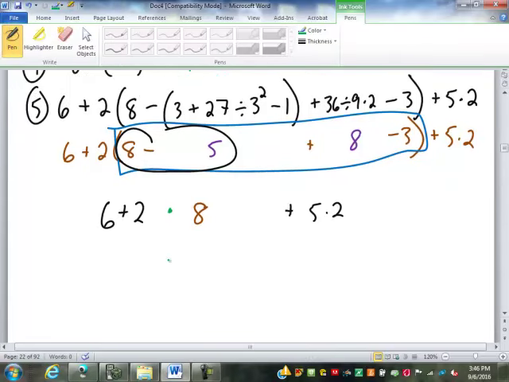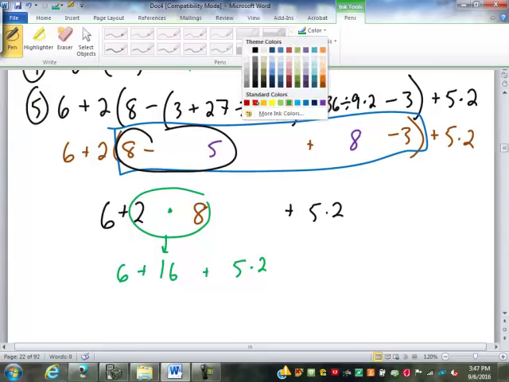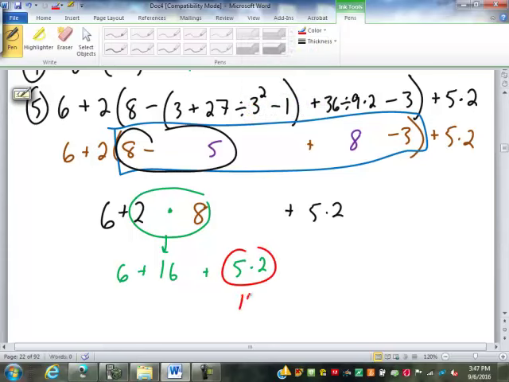Back out to the whole problem. Any other enclosing symbols? No. Any other? There are no exponents, so we're going to go to multiplication division. 2 times 8 is 16. We still have 5 times 2, which is 10. And then it's all addition.